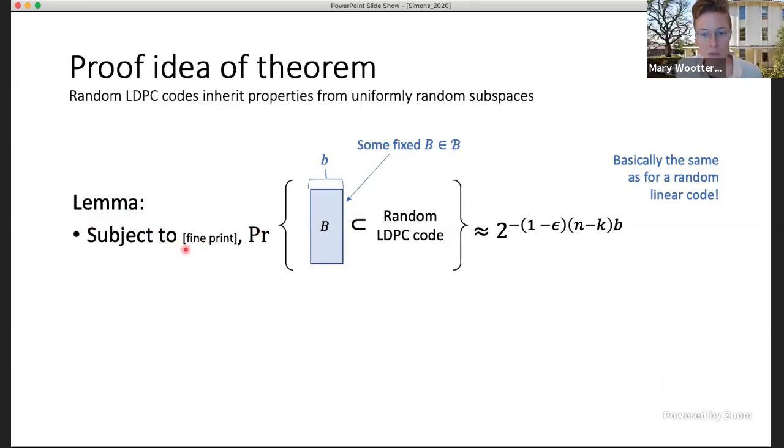Subject to some fine print, the probability that a particular bad set B is contained in a random LDPC code, that is, the kernel of this random sparse matrix according to this particular distribution, is approximately 2 to the minus (1 minus epsilon) times (n minus k) times b, where this epsilon here depends on the sparsity of the matrix and some other things.